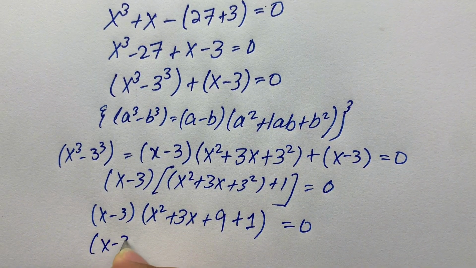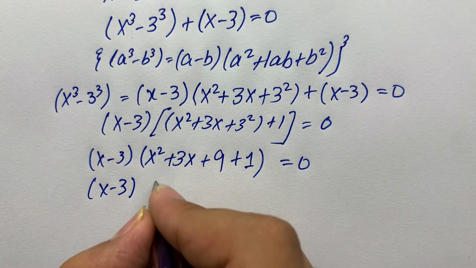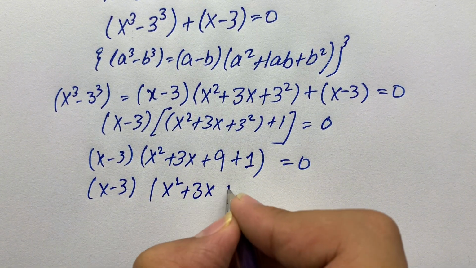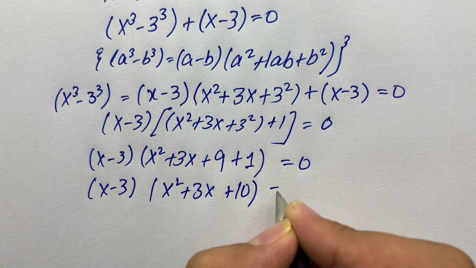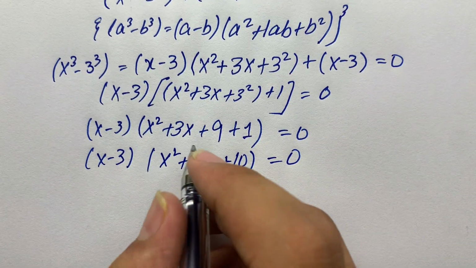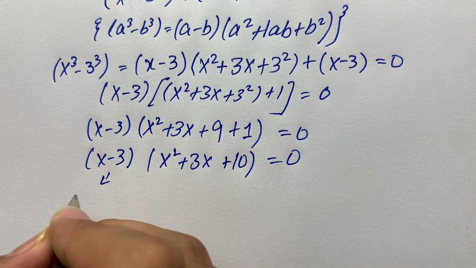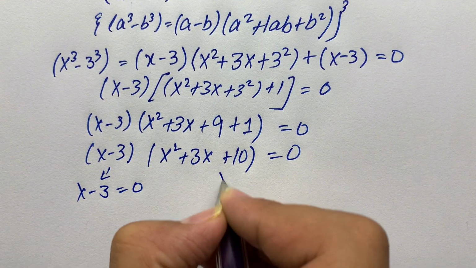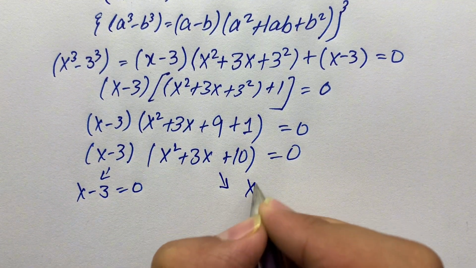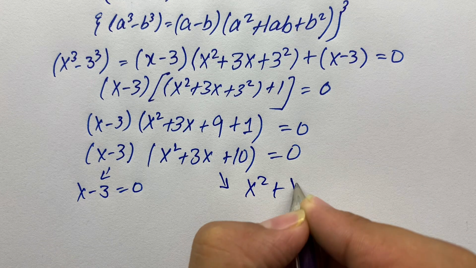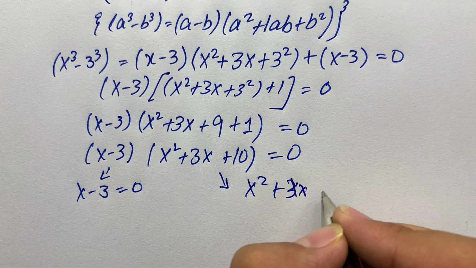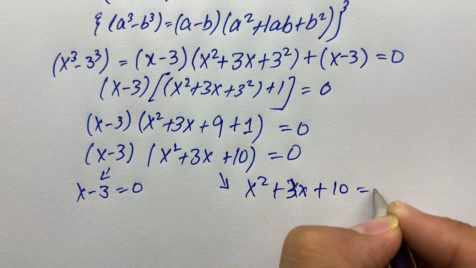Now x minus 3 into x squared plus 3x plus 10 is equal to 0. In the next step, x minus 3 is equal to 0 and x squared plus 3x plus 10 is equal to 0.